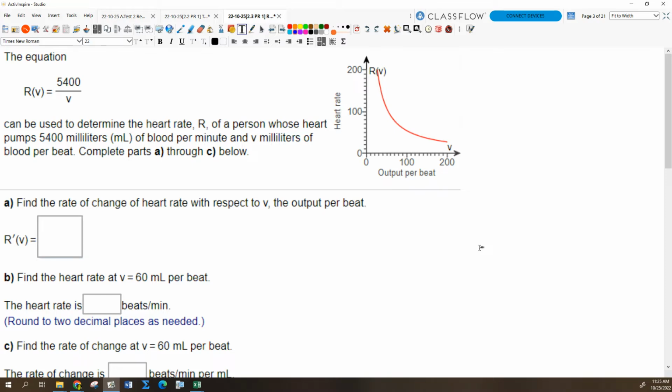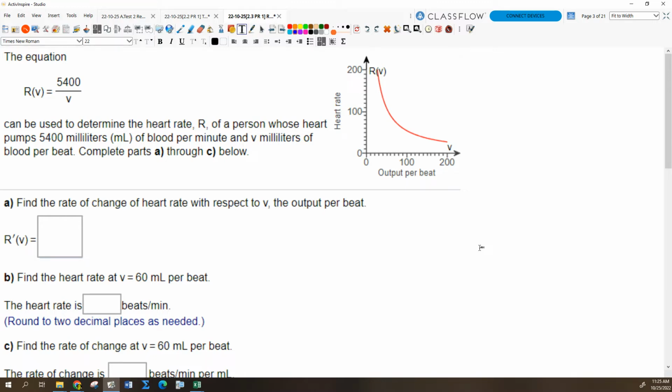Now let's think about this. If this person is pumping a fixed amount of blood per minute, that's not changing, that's being held constant, and V represents the volume per beat, what do you think is going to happen here? What is the rate of change of heart rate with respect to volume per beat going to look like?